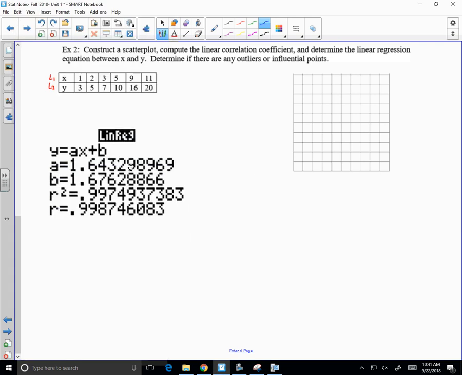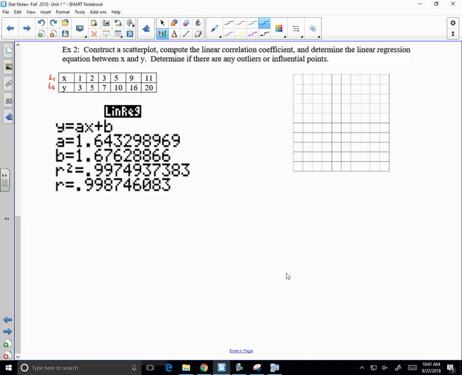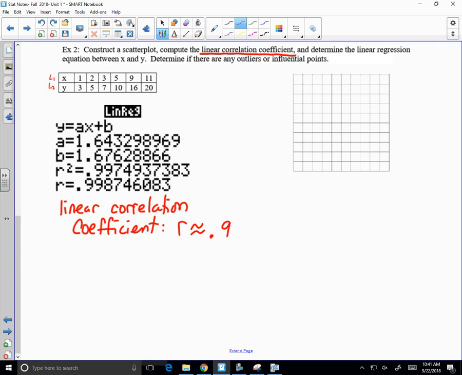So what this is telling me, linear correlation coefficient, that's the R value. We'll round it. It's approximately 0.999.